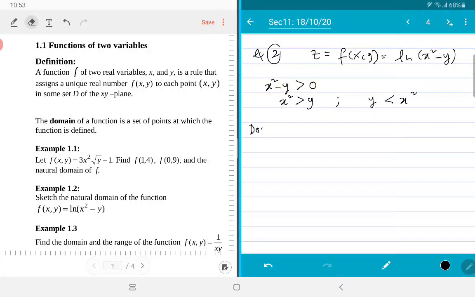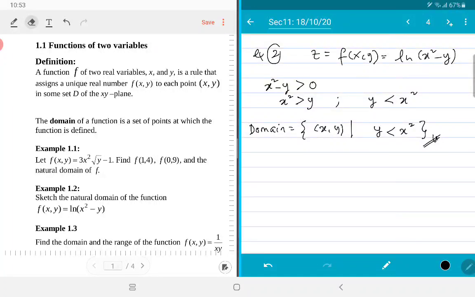Again, the domain would be a set of points. If it's a set, you have to write it between two curly brackets. So set of points (x,y). The restriction for the point (x,y) is that y must be less than x squared. So that's our domain.